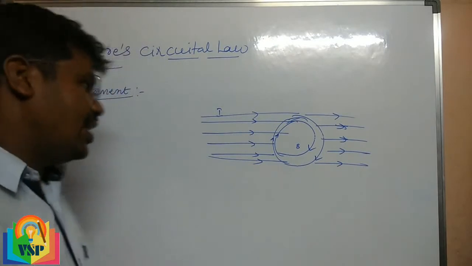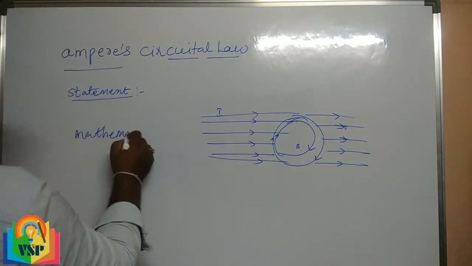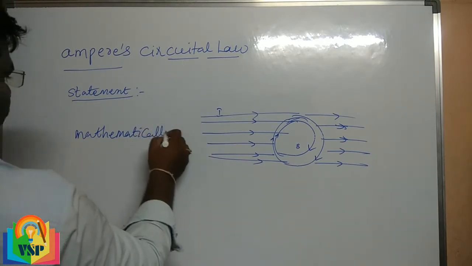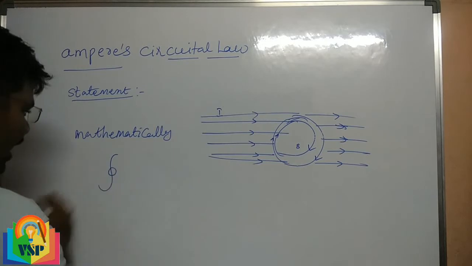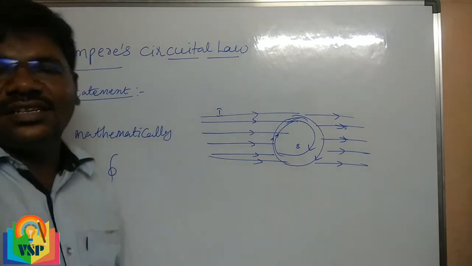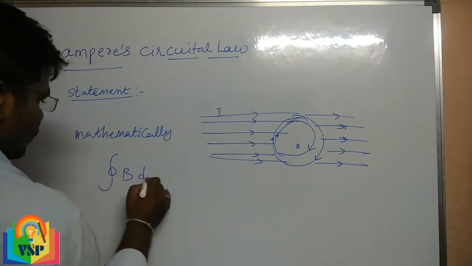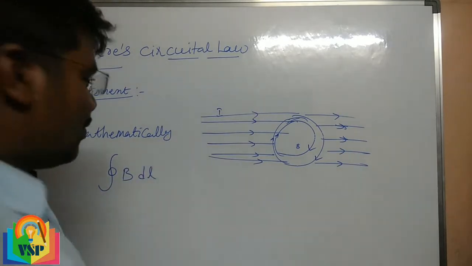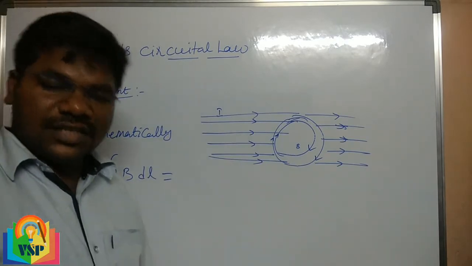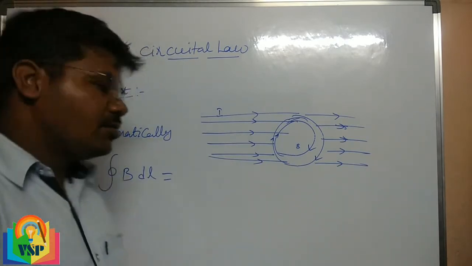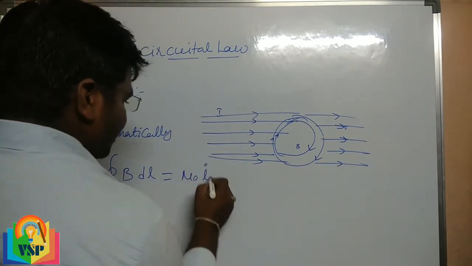So mathematically, this is the line integral. The line integral of the magnetic field around a closed surface in vacuum is equal to mu naught times the net current.